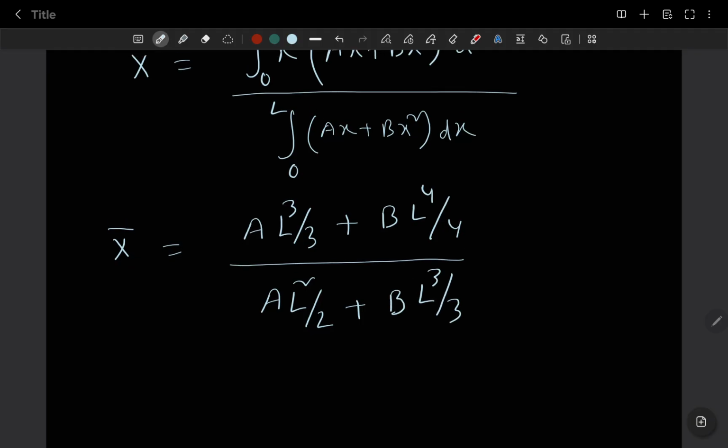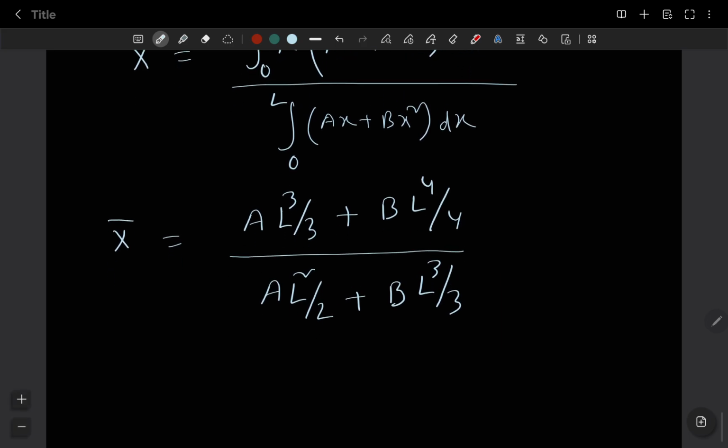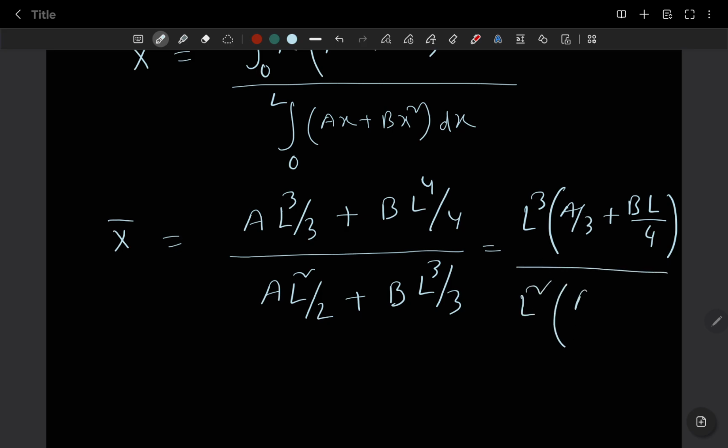Lower limits are 0, so I haven't written them. If we take L cube common, it will be a by 3 plus bL by 4, and here L square common, that is a by 2 plus bL by 3.